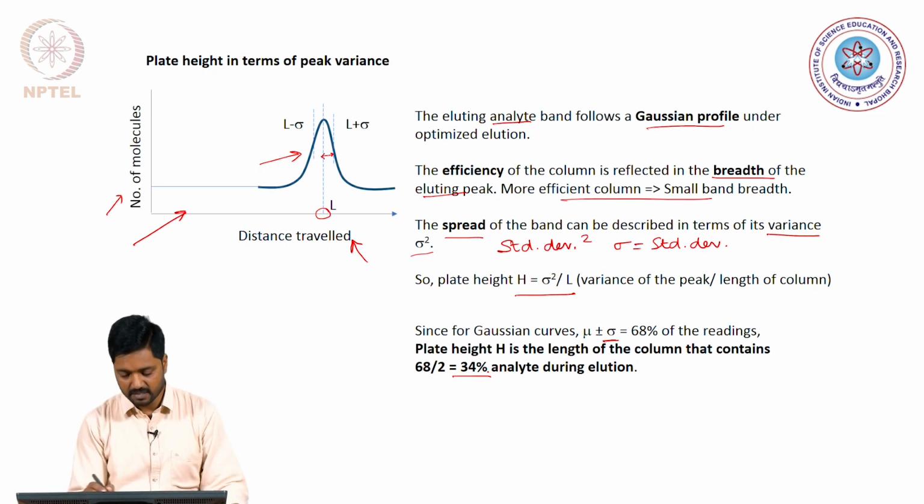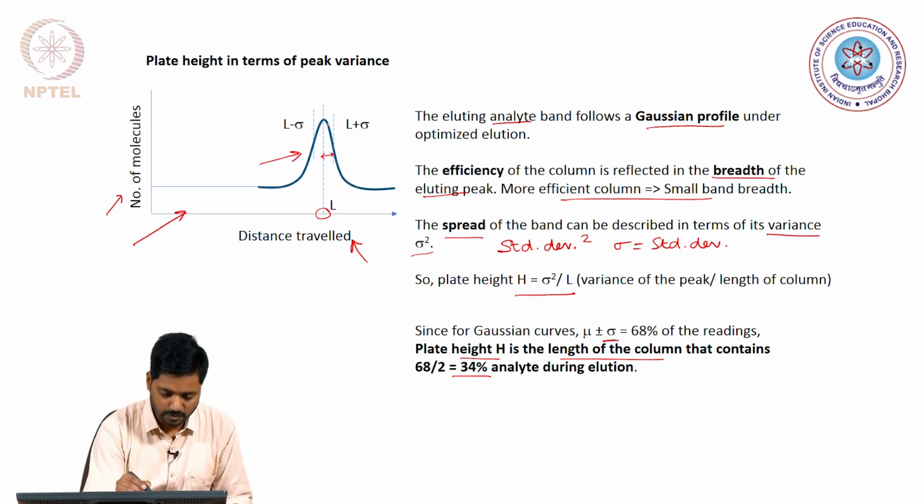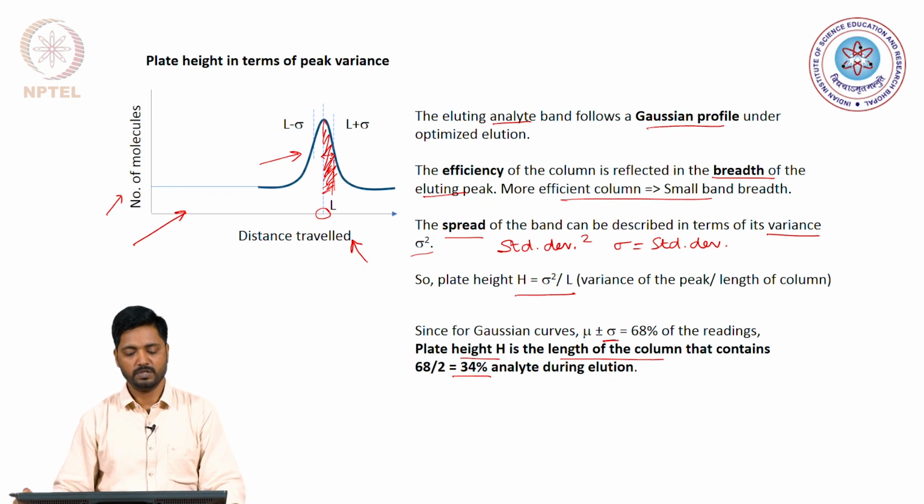So, plate height is nothing but the length of the column that contains 34% of the analyte during the elution. We can highlight this region to further bring out this point. This is the regime we are talking about when we consider the plate height. It is given in terms of the length of the column.